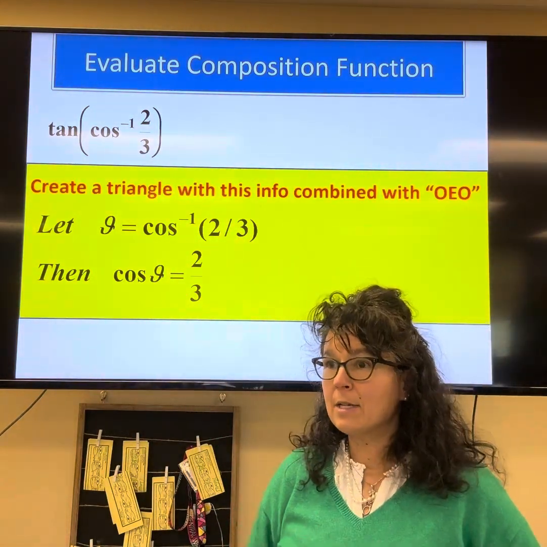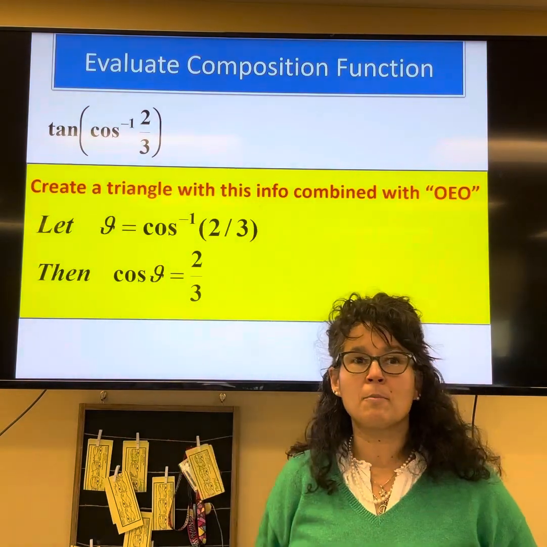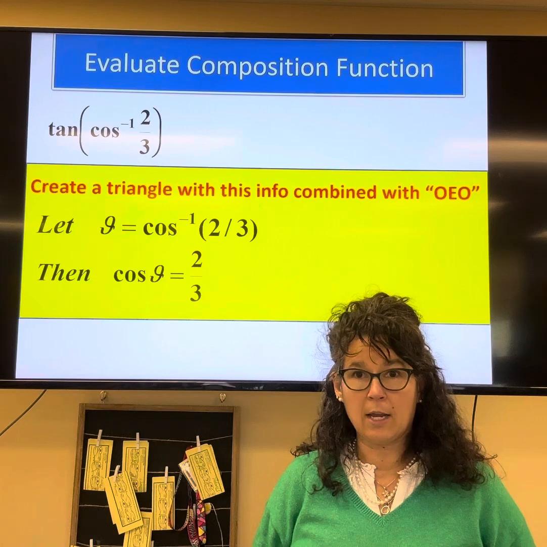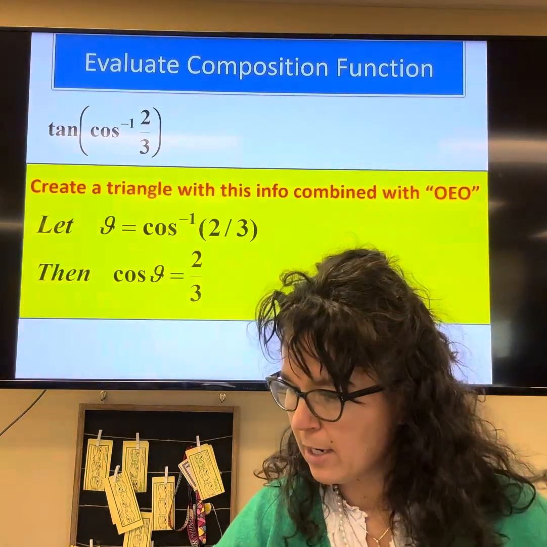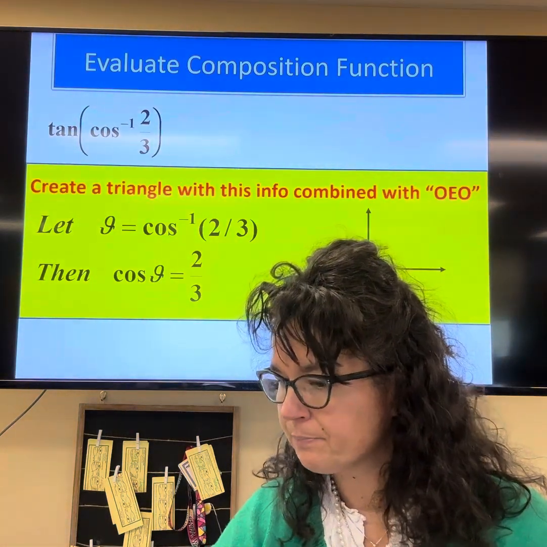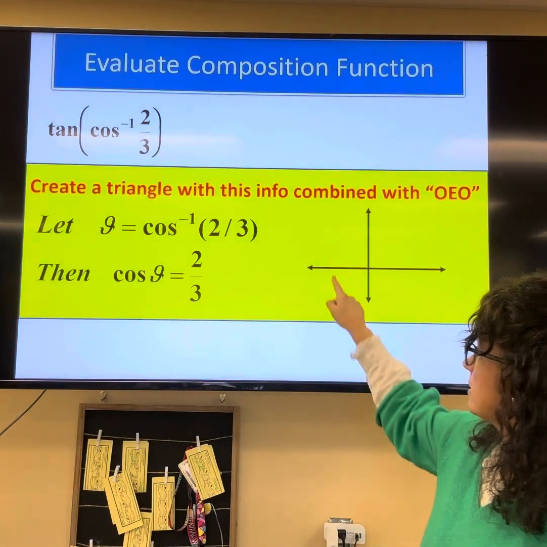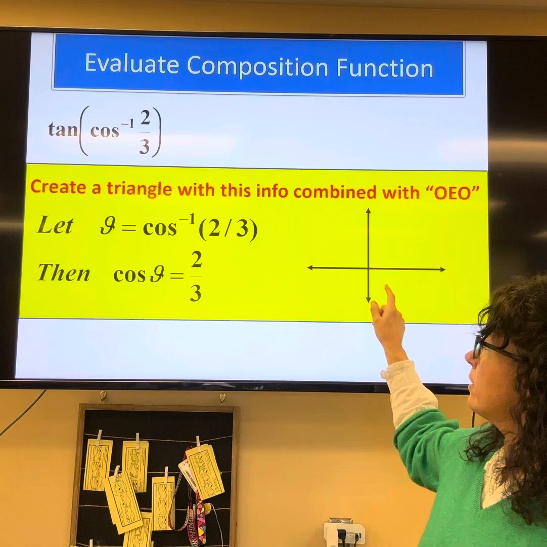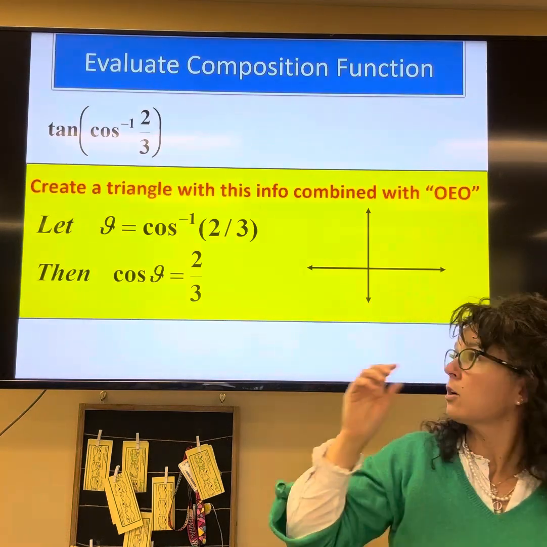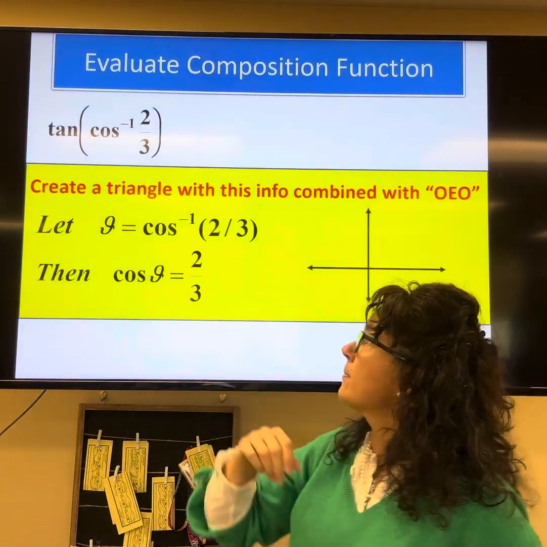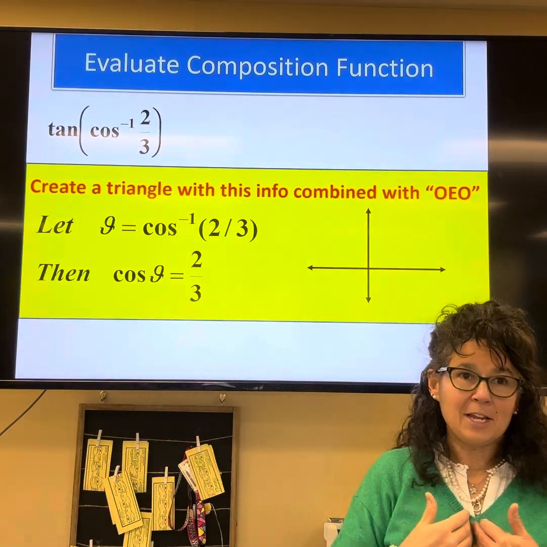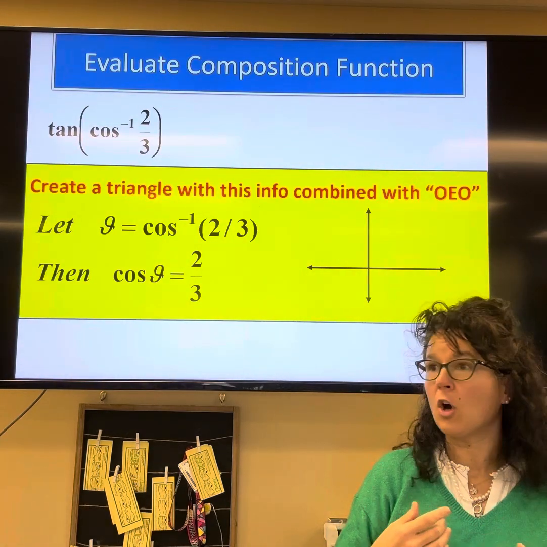Okay, next I'm going to take this piece of information and build a triangle on the bow tie. So remember those triangles on the bow tie. There's like this little imaginary bow tie right here, so you're going to use one of those. And for cosine inverse, remember, we refer to those as an OEO function.